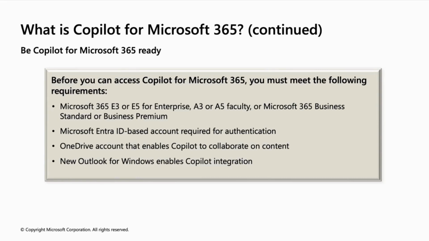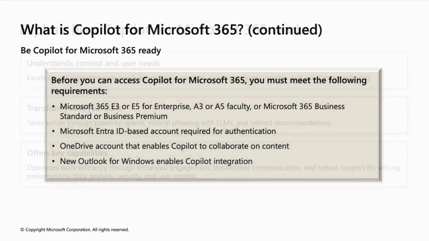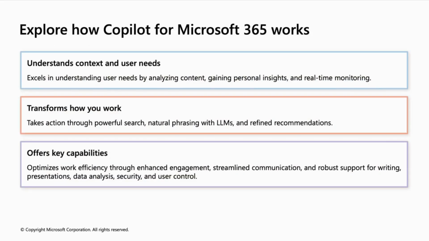If you are using an old version, Copilot will not be visible to you in your desktop application. So make sure it is available and updated. So team, when you are ready with your Copilot M365 environment, Copilot will be there as an add-on.